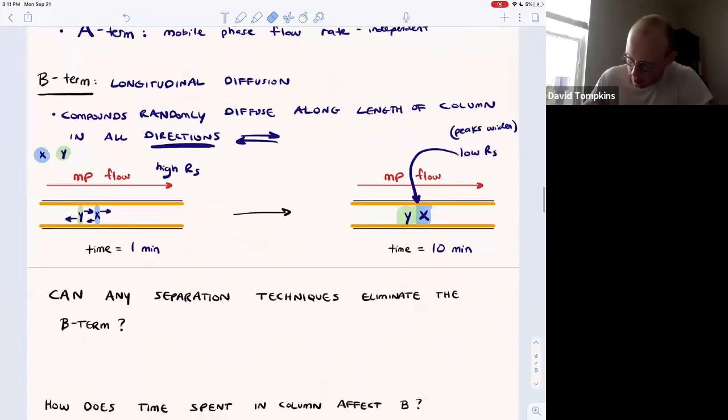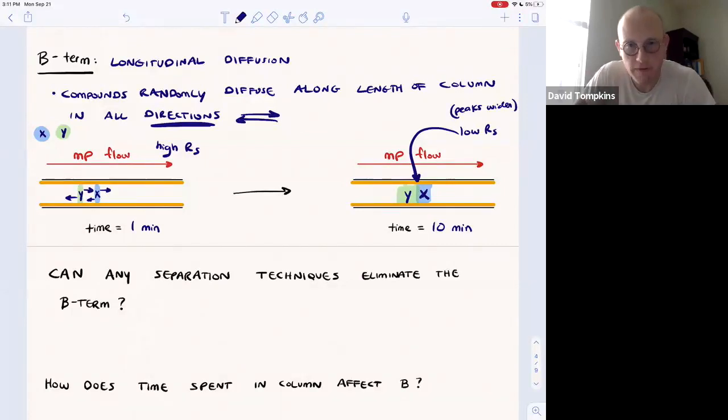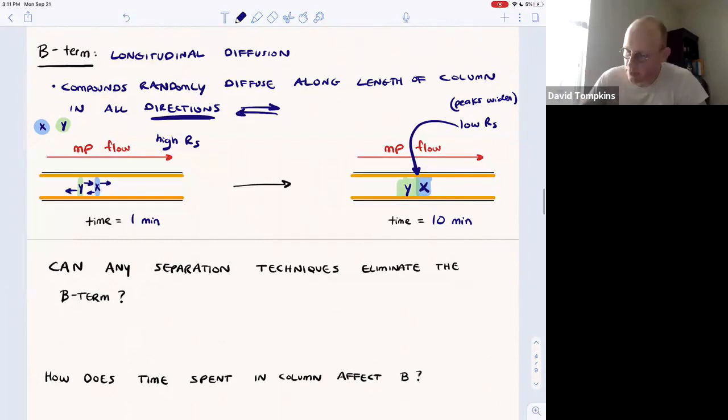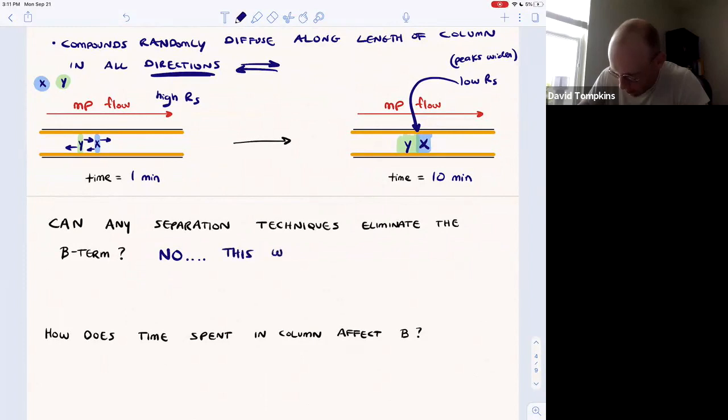So it's always impossible to eliminate diffusion, right? Diffusion happens, and there's a diffusion constant or coefficient that helps to describe this for each compound. So we can never eliminate the B term. This would violate thermodynamic principles.